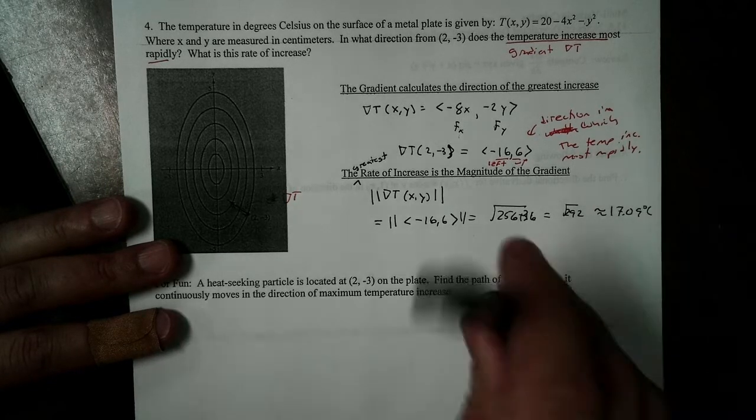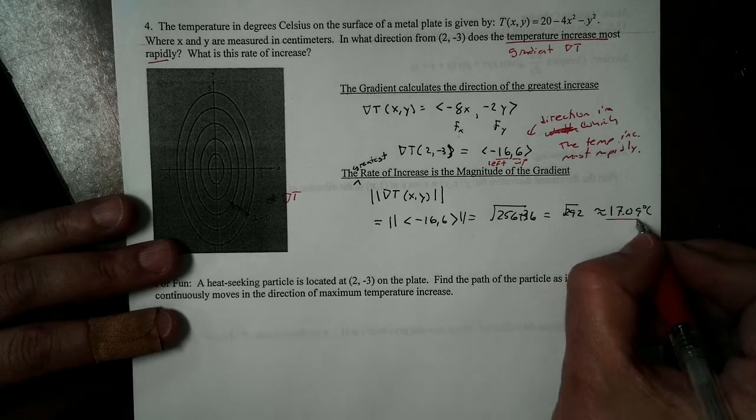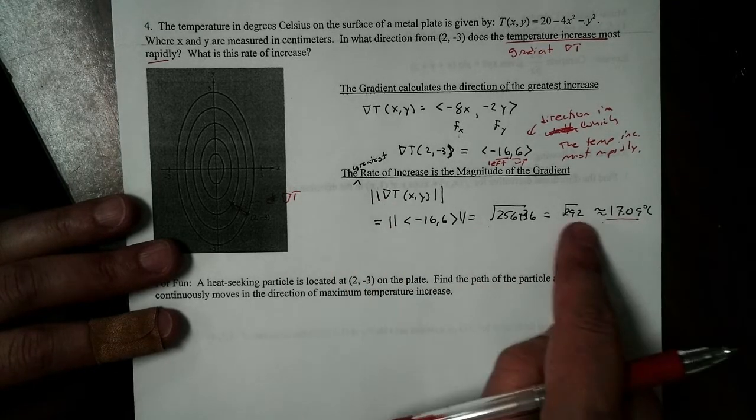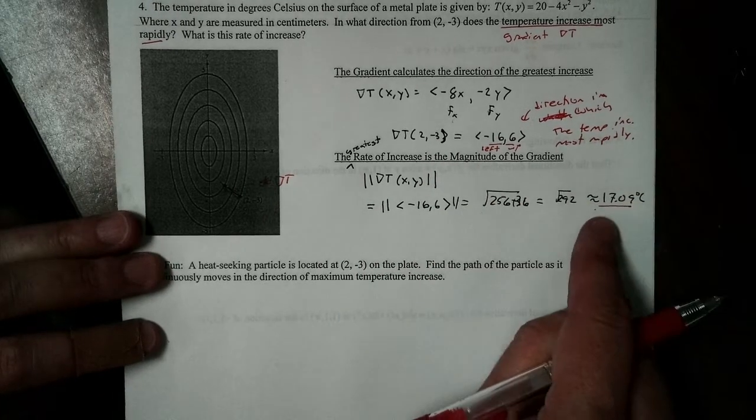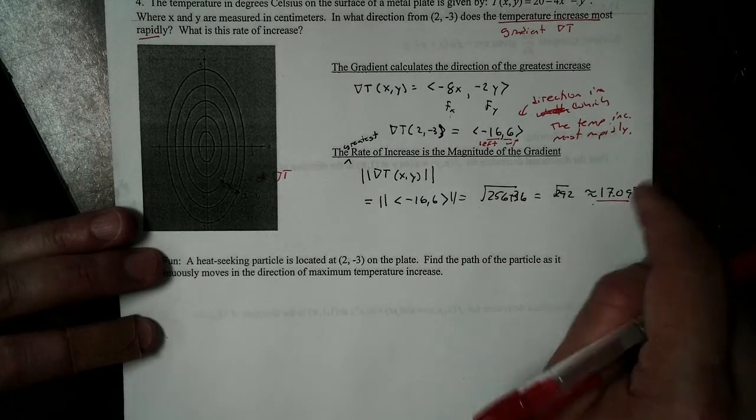You plug it in your calculator, you get about 17.09 degrees Celsius. Now, remember, this is a rate of change. This is our slope in the direction that we are heading. So this is not just a temperature, but a rate of change.